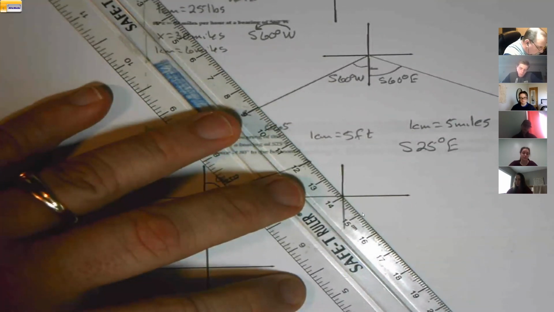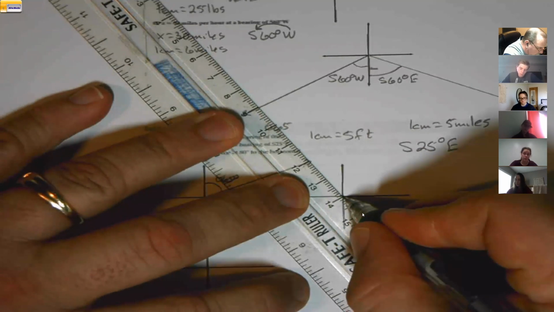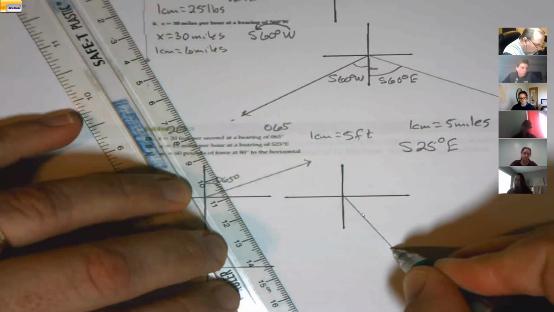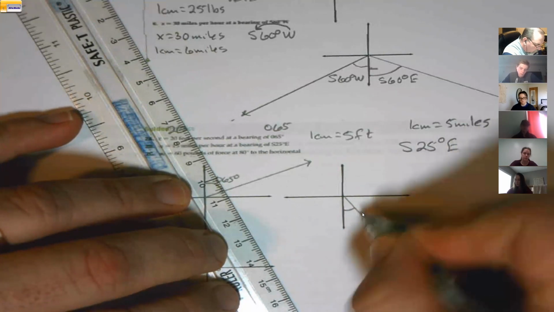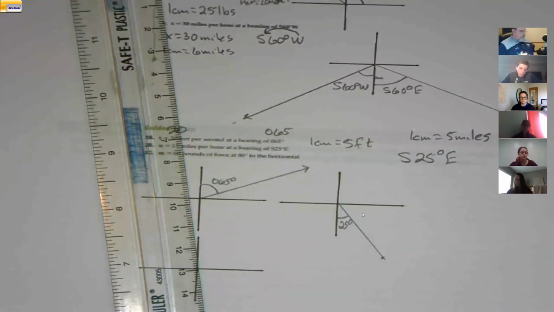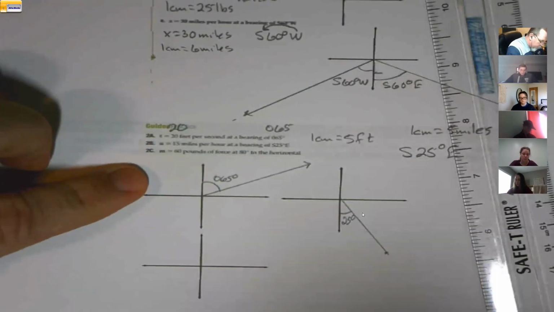That's going to be about 1, 2, 3. There's 3 centimeters, and I'm calling that the 25 degrees. Now, if that's what I labeled it, that's what it is. It's got to be somewhere around 25 degrees, and that's all I'm asking for if you don't have a protractor.